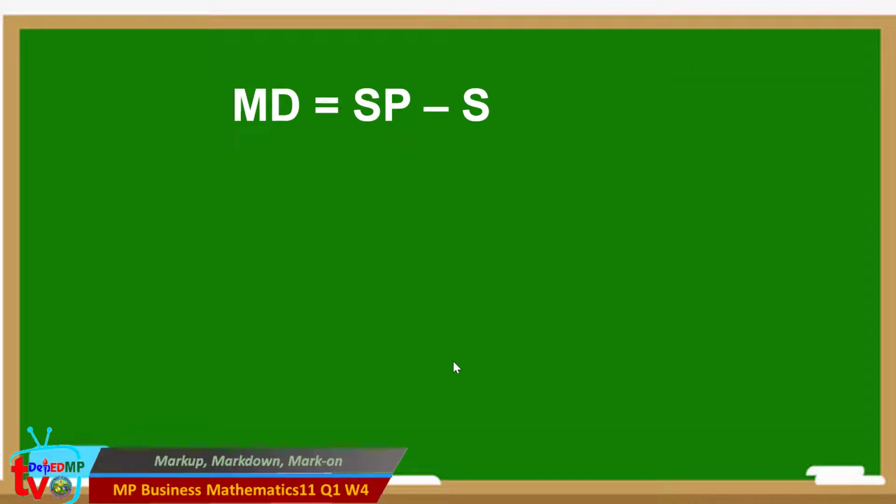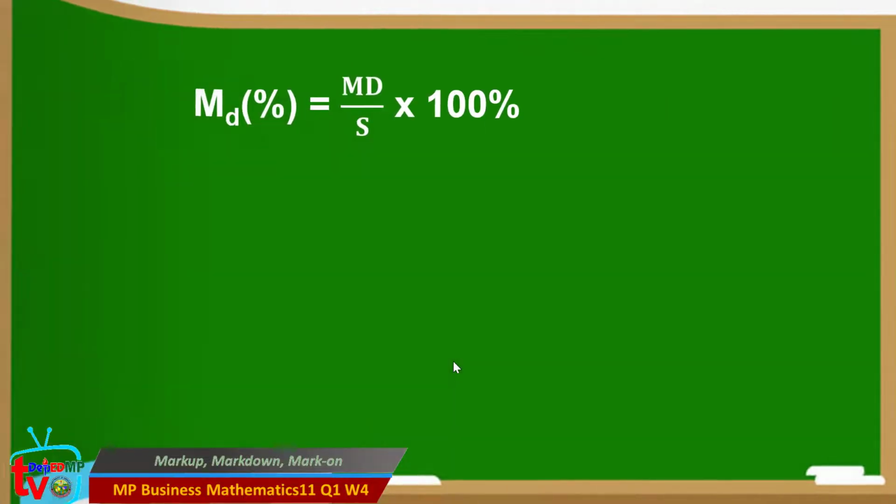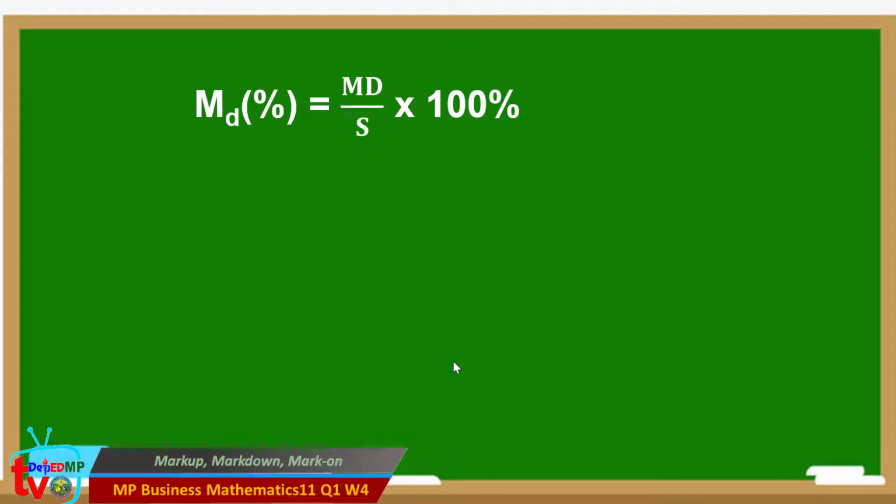Computing the markdown, we have from the problem the selling price of 16 pesos and 80 cents minus the sale price of 14 pesos to give us a markdown of 2 pesos and 80 cents. Now to compute the markdown rate, we use the formula markdown over the sale price times 100%.